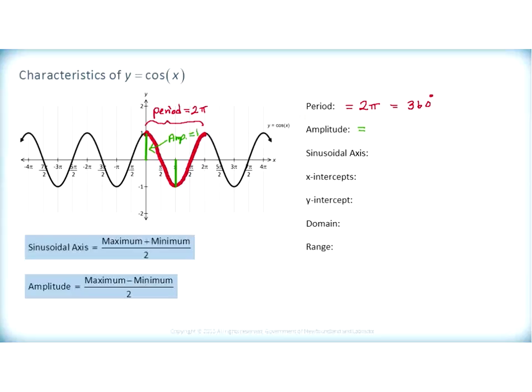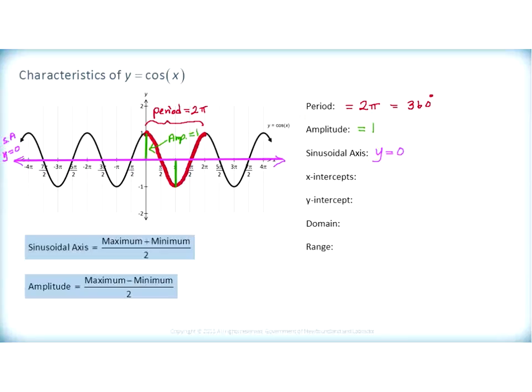So here the amplitude is equal to 1, and the central line that passes through the entire graph is the x-axis, and that is also known as the sinusoidal axis in this case, and the equation of the sinusoidal axis is y equals 0, which is the equation of the x-axis.